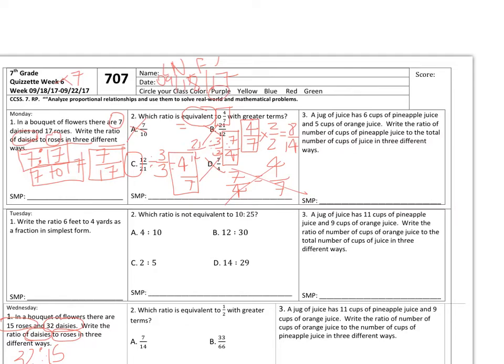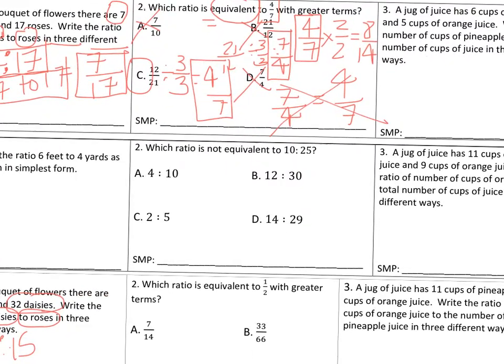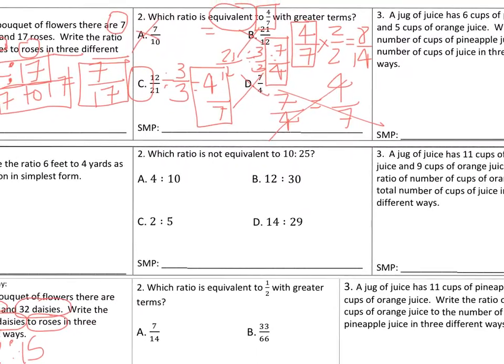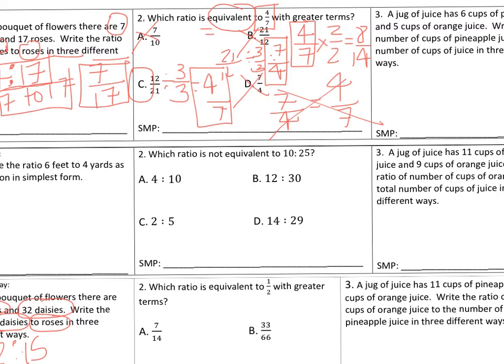Now I also want to show you Tuesday number 2. It says which ratio is not equivalent to 10 over 25. If you notice, this ratio is not given to you in a fraction. So you have to make it into a fraction. Your first number is the numerator of the fraction, and your second number is the denominator. So the very first step here would be to write your ratio as a fraction.